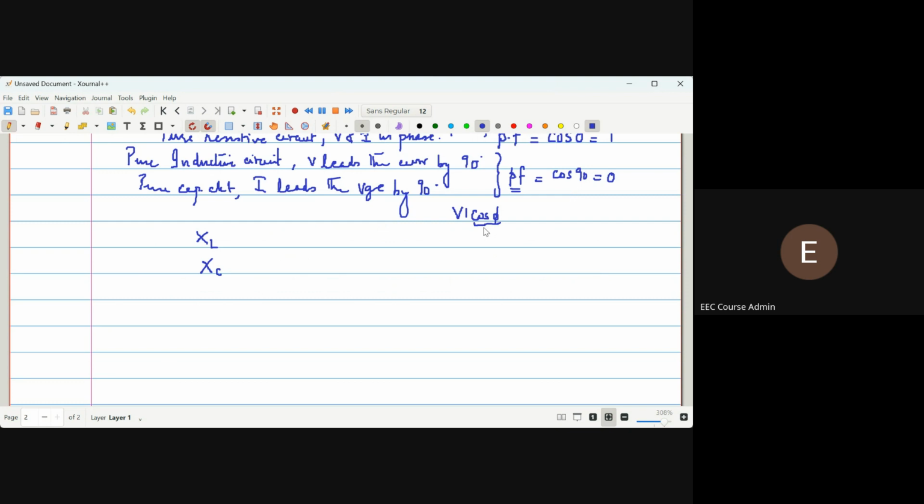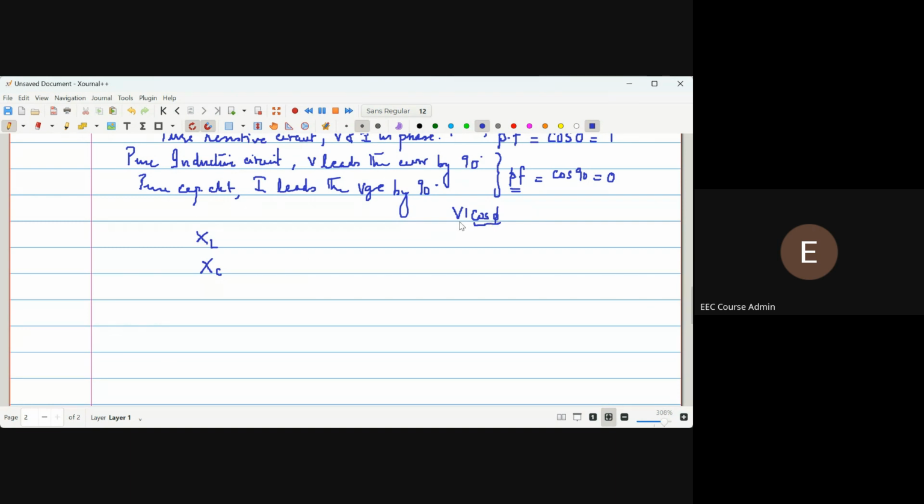What is this Vi cos phi? In effect, it is referred to as the average power. Average power is otherwise referred to as the real power, or the power dissipated or consumed. In a pure resistive circuit, cos phi being 1, it is simply Vi.